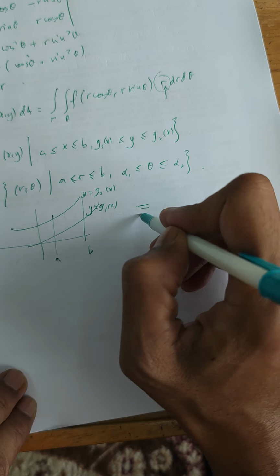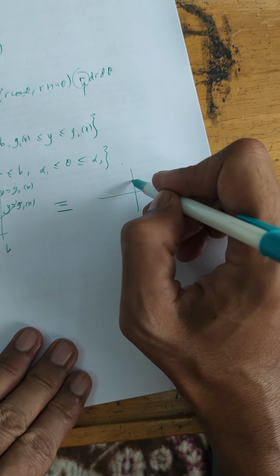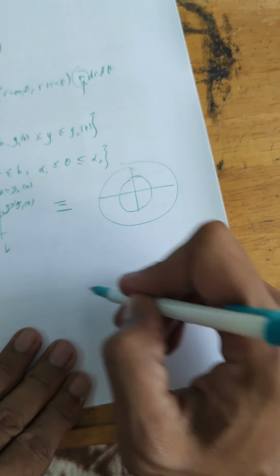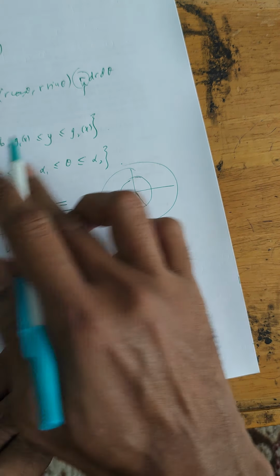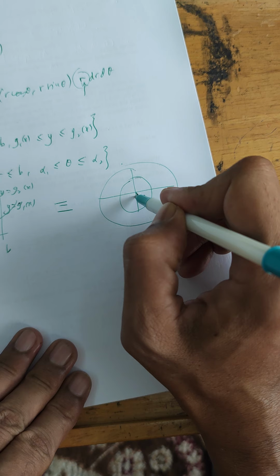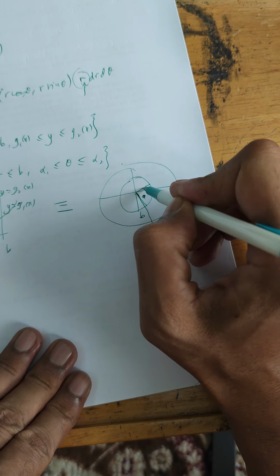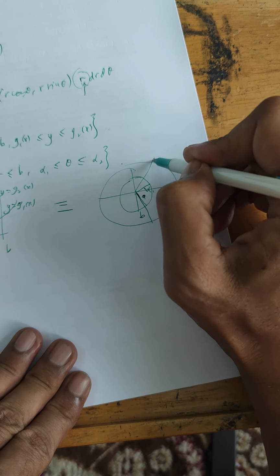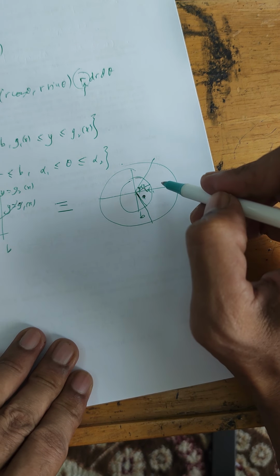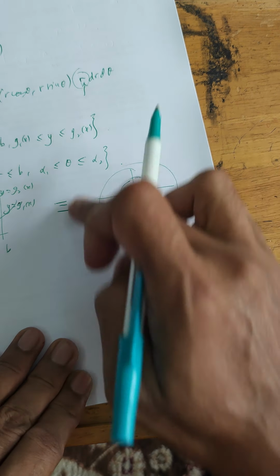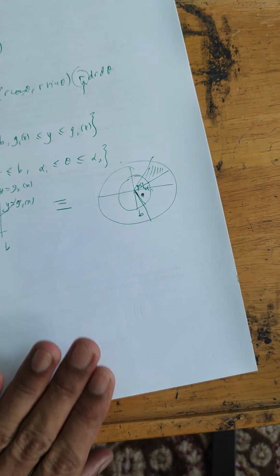We transform this into polar coordinates, with something like a circle like this, where those radii are A and the other one is B, and the angles are alpha 1 and alpha 2. So our region becomes that.